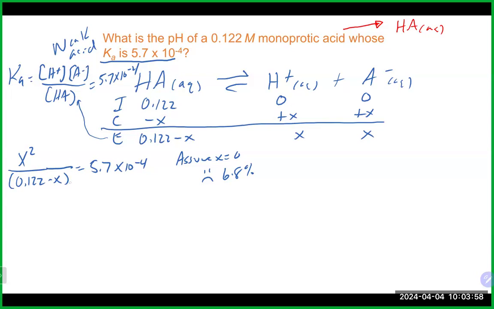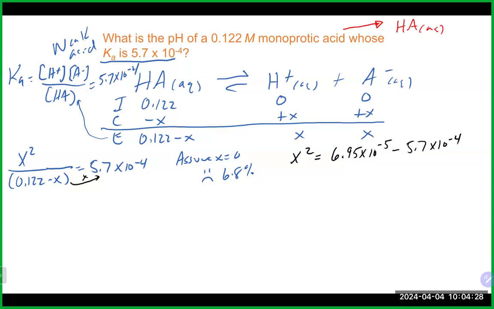So to solve it, we're going to multiply everything on the bottom there to the other side. That's going to give us basically x squared is equal to some numbers, 5.7 to the minus 4 times 0.122. 6.95 times 10 to a lot of zeros, 1, 2, 3, 4, 5, minus 5. And that's going to be minus 5.7 times 10 to the minus 4 x, I believe.